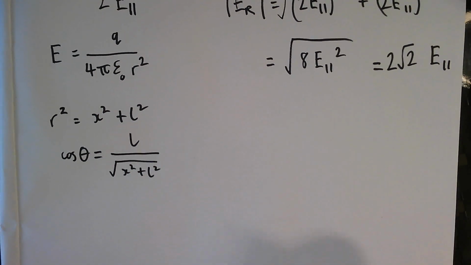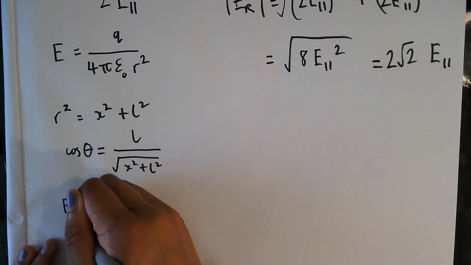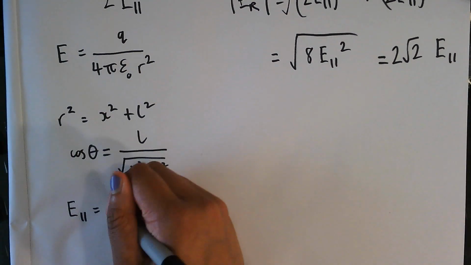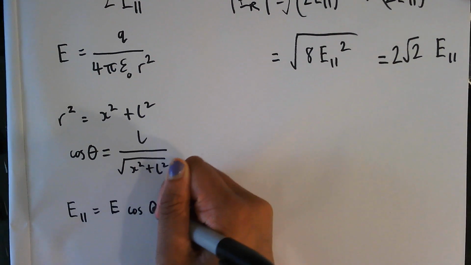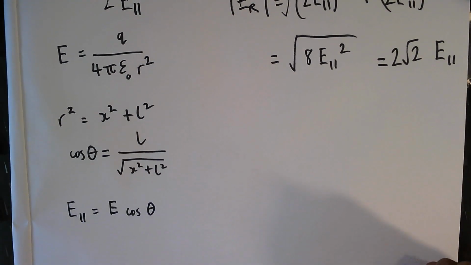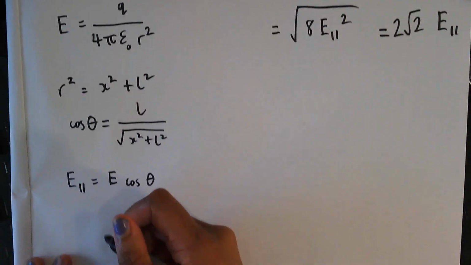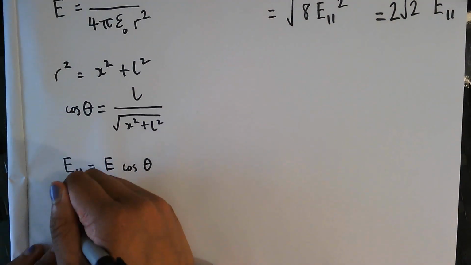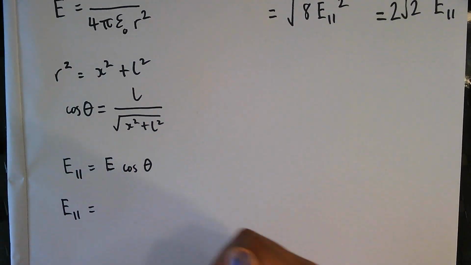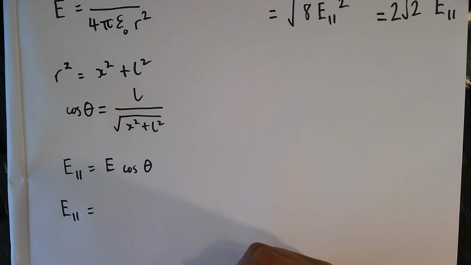And we know that E parallel is equal to E cos theta. So we can work out the value of E parallel now.